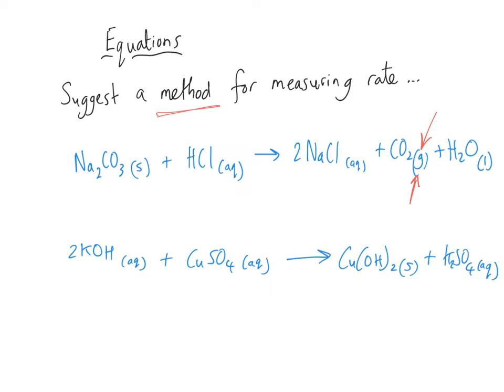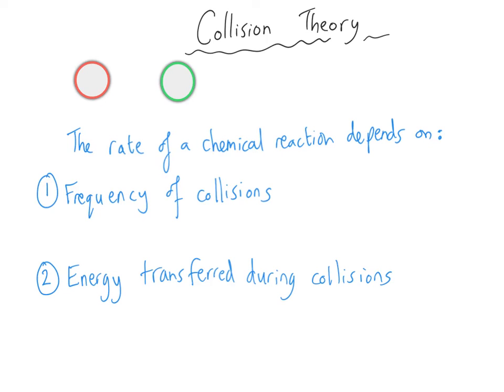This second equation, we've got a solution, a solution, a solid and a solution. Well, we're going to be doing method 3 here because we're making a solid precipitate of copper hydroxide. And we would simply measure the amount of time it took for the copper hydroxide precipitate to cover up a mark.